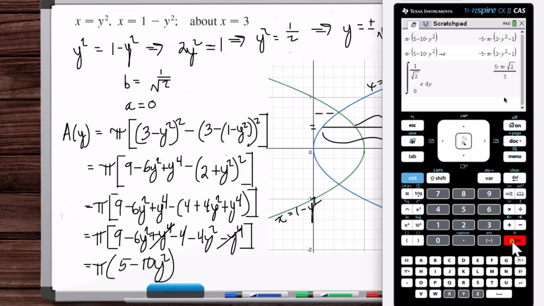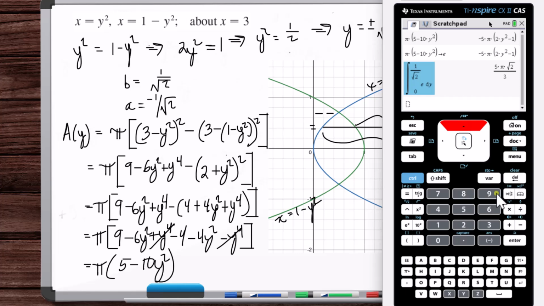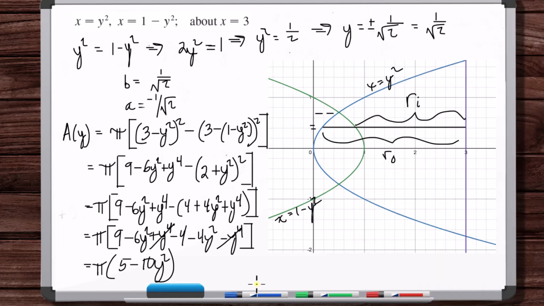Okay, and I just noticed we're going from minus 1 over root 2 to 1 over root 2, so let's do this again here. Ten pi root 2 over 3. So this volume is 10 pi root 2 over 3.